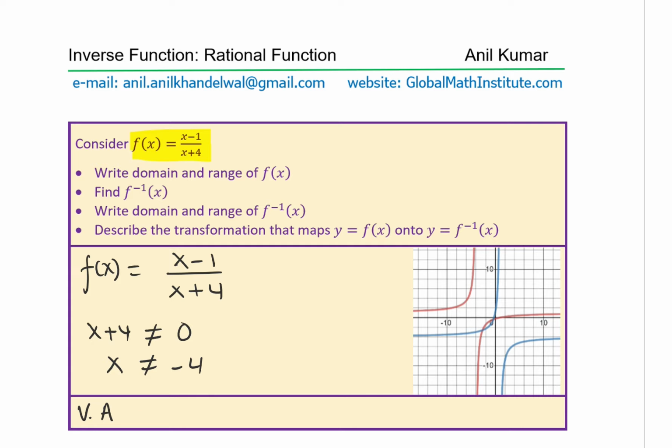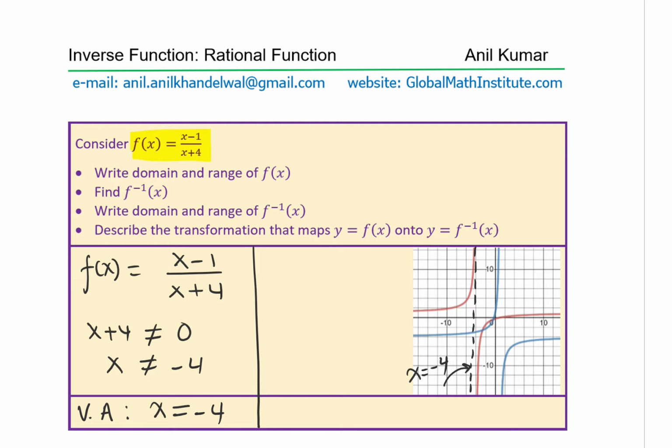So we have a vertical asymptote here, which is x is equal to minus 4, and obviously this is not in the domain. So you have to look into a vertical asymptote just for our reference. What I've done here is actually sketch the graph also, so that as we move along, you can see the result on a graph. That is the vertical asymptote which we are talking about, and this is x equals to minus 4. Is that clear to you?